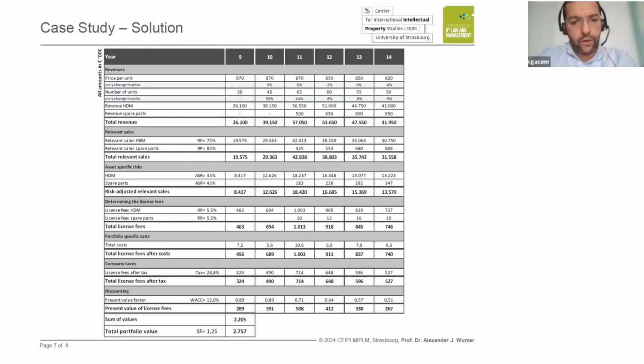We sum all these values for the 6 years to get the value of 2,205. And then at the end, we use the setup factor that is given for the case to be 1.25 to get the total value of the portfolio, which is 2,757. Thank you.